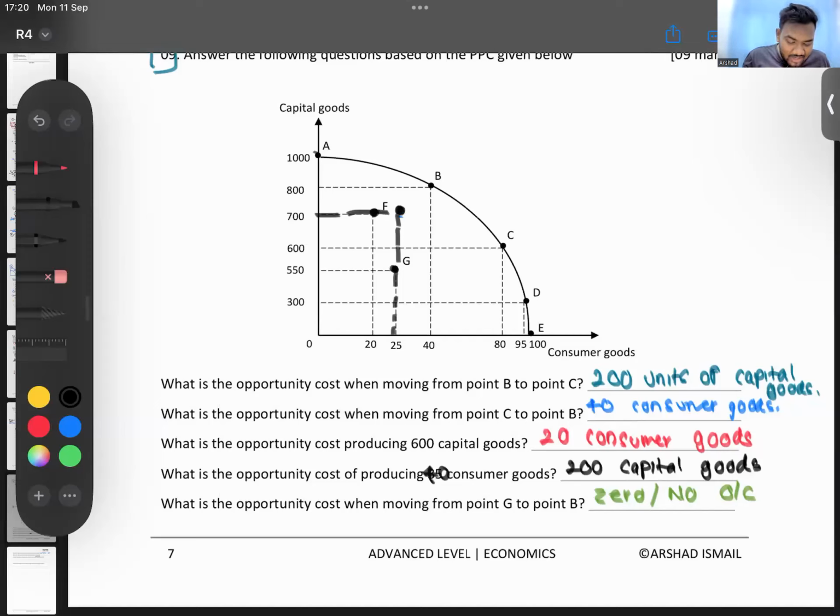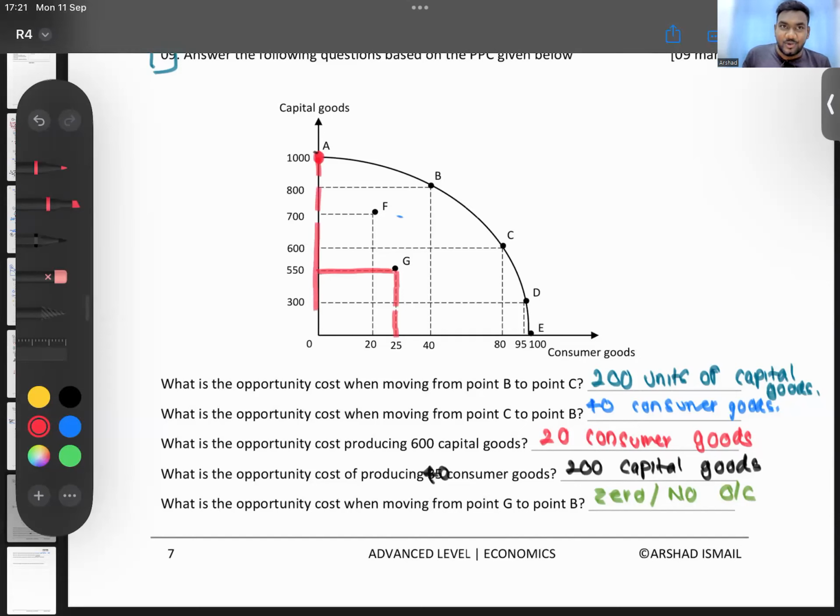Now my question I'm asking you: can we do this? While still producing 25 consumer goods, can we also get 1,000 capital goods? We can't, right? So if we are to go for 1,000 capital goods, we are going from this point to this point.